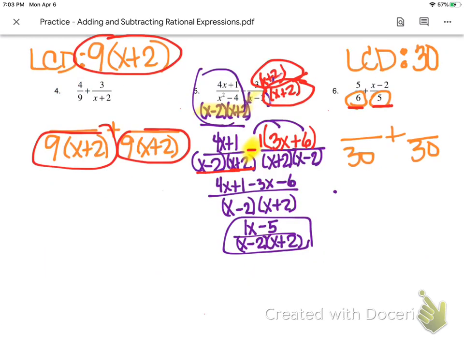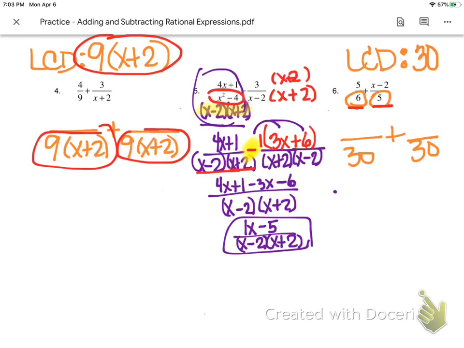We also went over number 5. For those of you that were not with us, what we did first is we factored x squared minus 4 into x plus 2, x minus 2. And then we noticed that over here on this side, all we had was an x minus 2. So I'm missing x plus 2.